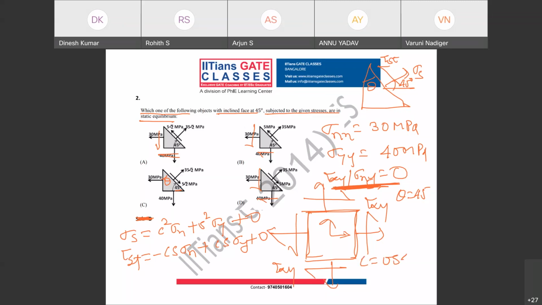It is cos 45. What is s? Sin 45. So guys, can you find what the sigma s and tau st values are? What is the sigma s value? Equal to 35 megapascal. And what is tau st coming? 5 megapascal.